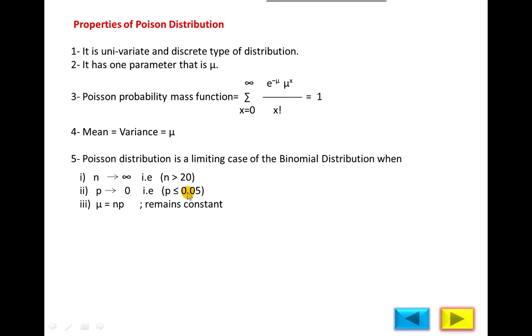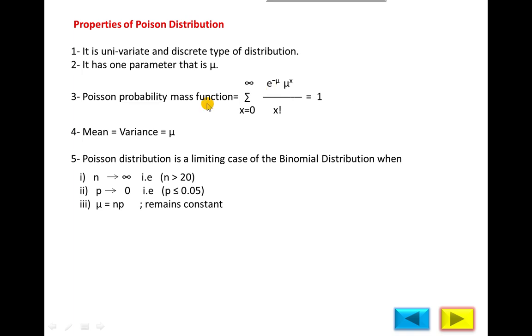This is the next distribution. And number 3, mu is equal to np. Mu is the mean of the Poisson distribution. You know that the mean of the binomial is n into p. So with the help of the binomial parameters n into p, you can find the mu for Poisson distribution.